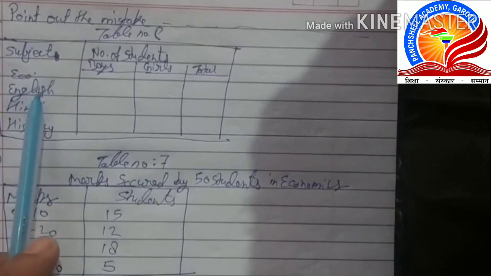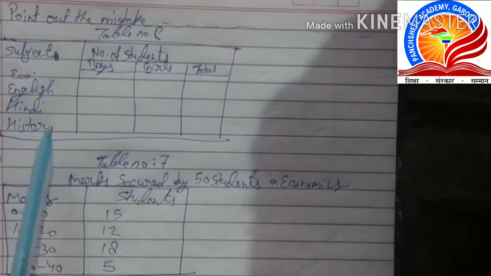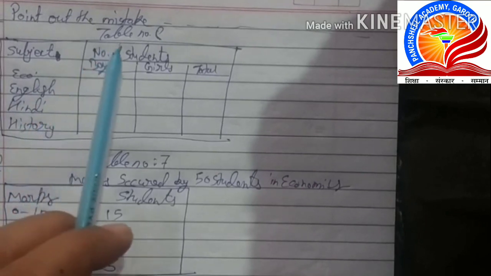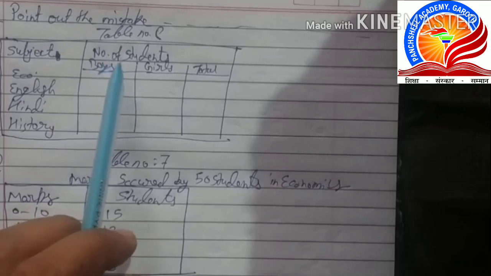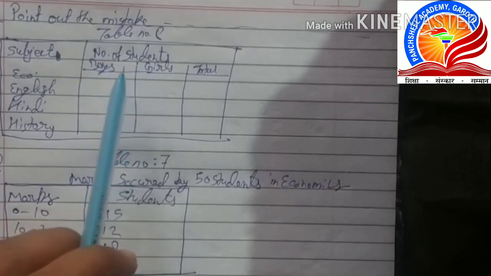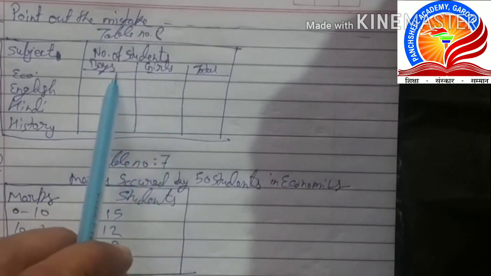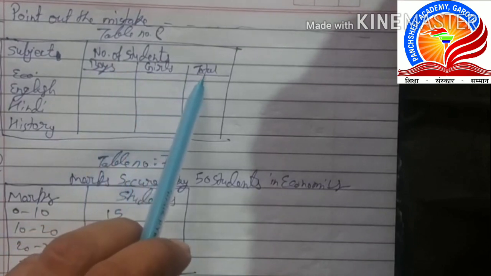Subject. Now we will write the subjects in this column: economics, English, Hindi, history. Now we will take number of students. We will make 3 columns in this: boys, girls and total.